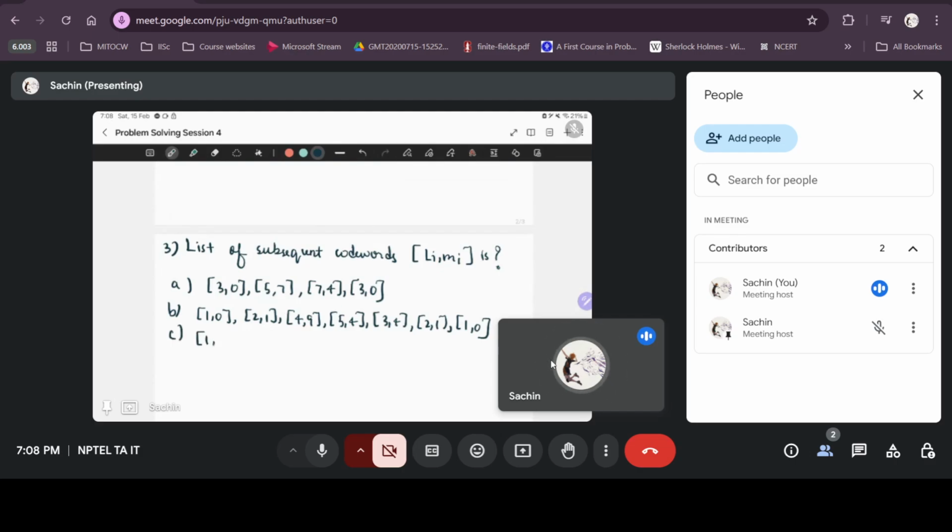Option C is 10214954392110. Option D is none of the above.